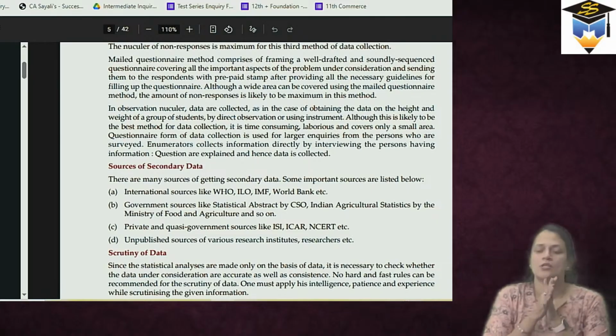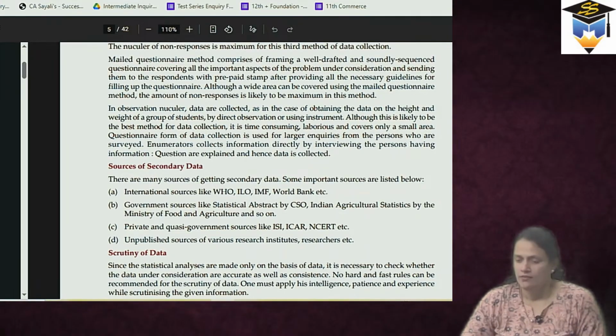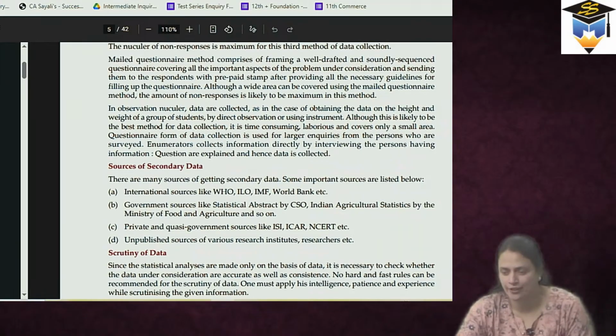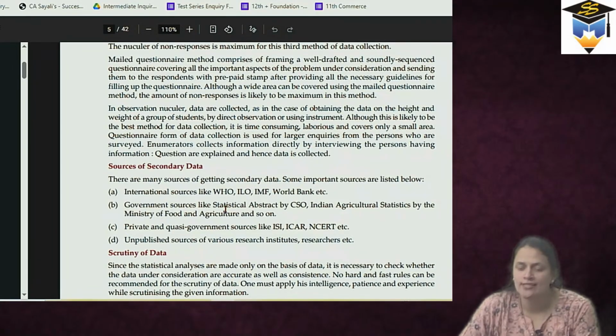Okay. So now let us go to sources of secondary data. When we talk about sources of secondary data, they have given us examples over here. International sources like WHO, ILO, IMF, World Bank.